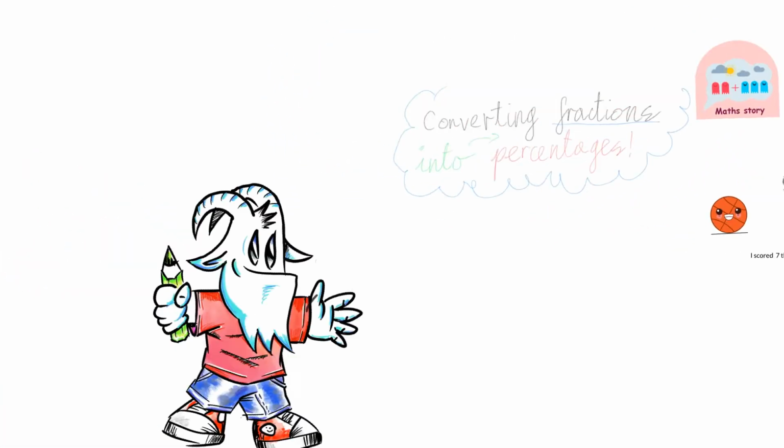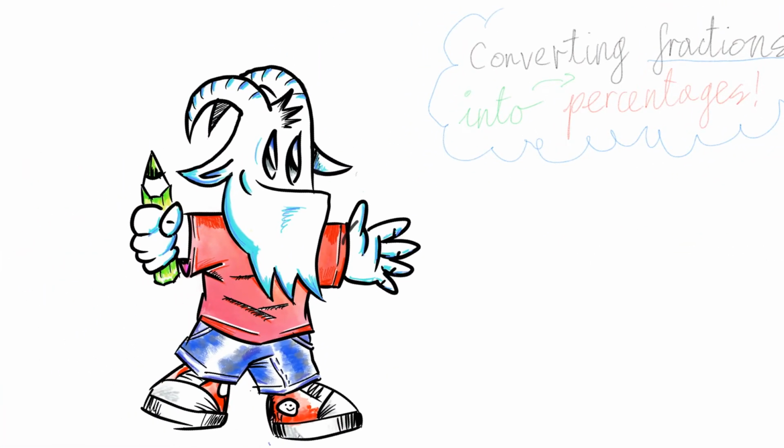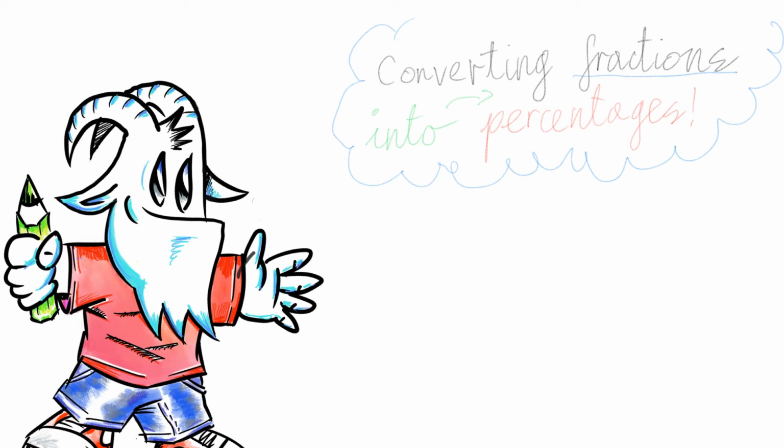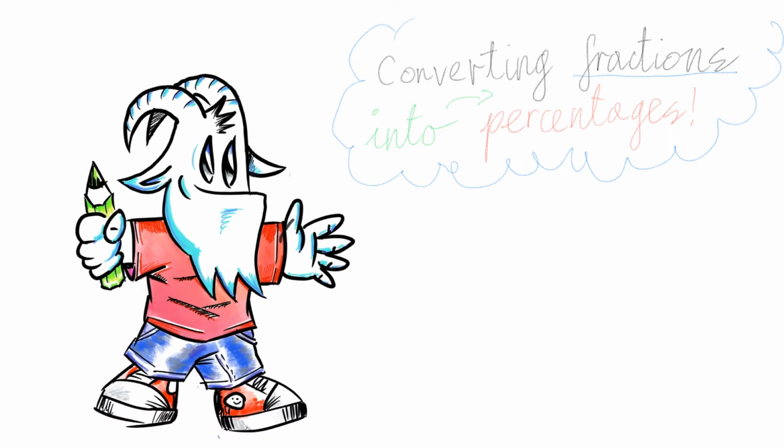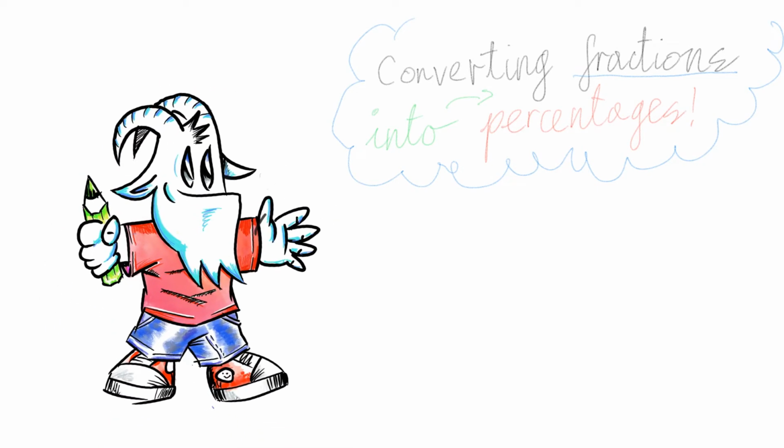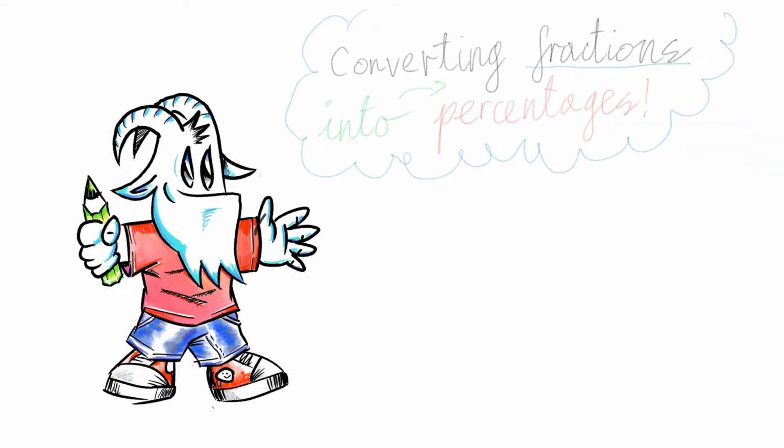And today's lesson is going to be about converting fractions into percentages. Now, we know that percentages are fractions with the denominator of 100, right? So converting fractions with the denominator of 100 is fairly straightforward.